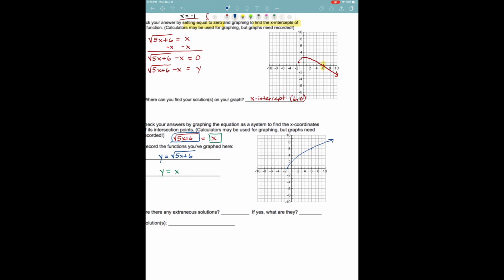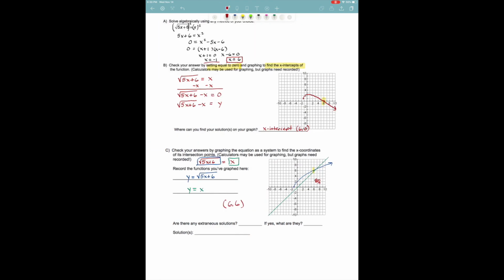And then our other graph, y equals x, is just going up 1 over 1. So we'll draw that in here, and you'll see that our intersection point is right here at 6, 6.